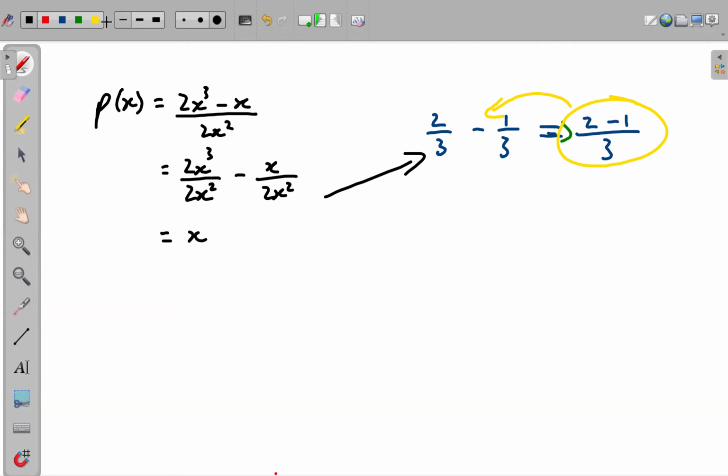Again, x goes once into x squared, you'll be left with an x. So actually, this becomes 1 over 2x. But we know we've got a problem to resolve here. So this becomes x minus, watch now, 1 over 2 times x to the negative 1. The 2 is just a number. We don't have to bother with it in this instance.